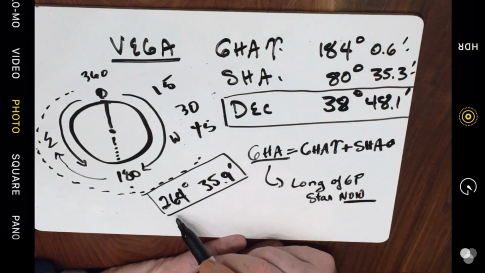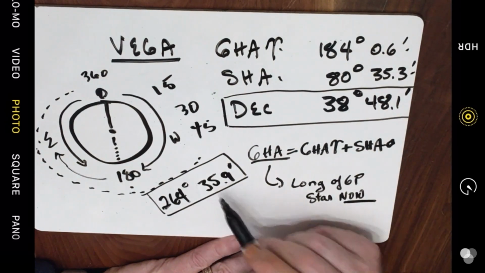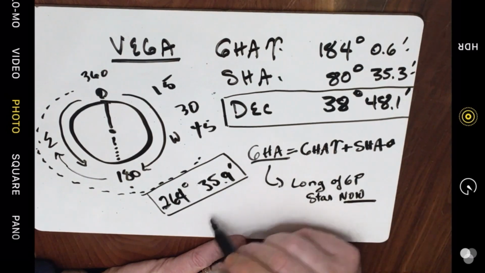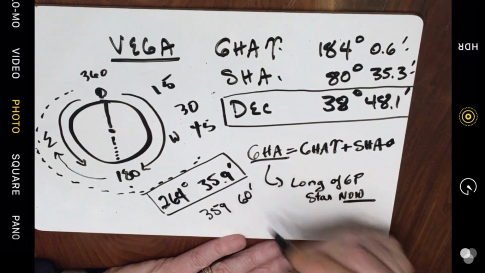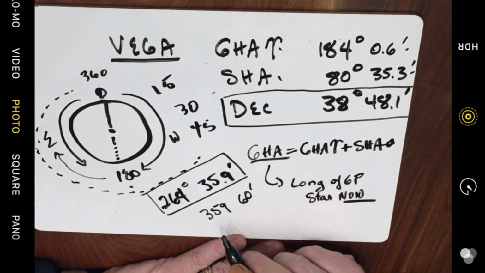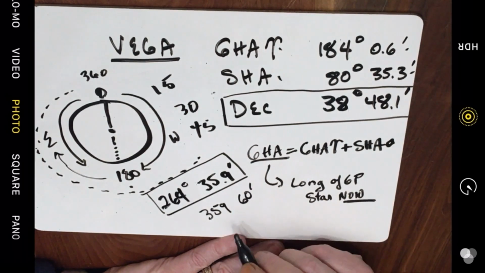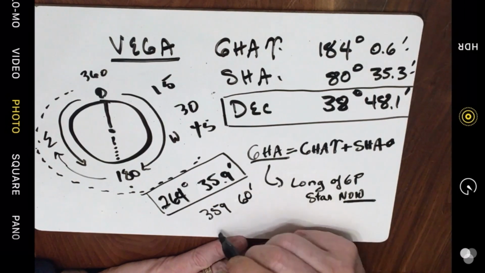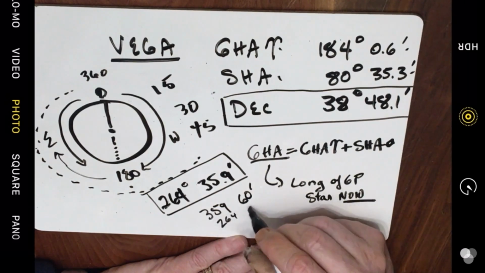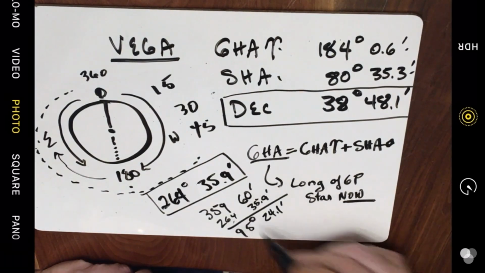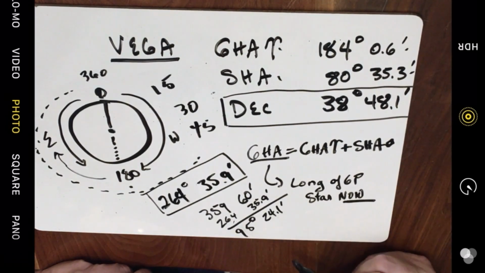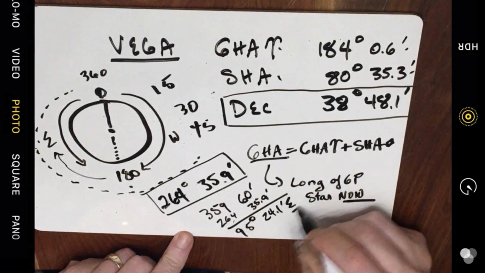If you take 264 degrees 35.9 minutes and subtract it from 359 degrees 60 minutes, you're going to get the longitude in the eastern hemisphere. So 264, 35.9 gives 95 degrees, 24.1 minutes east longitude.